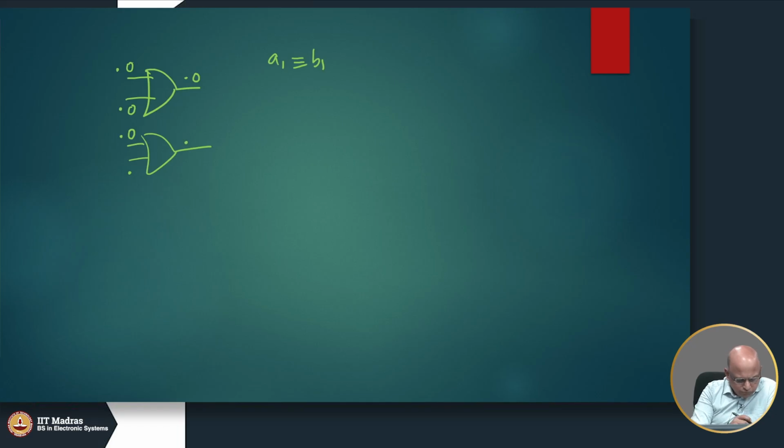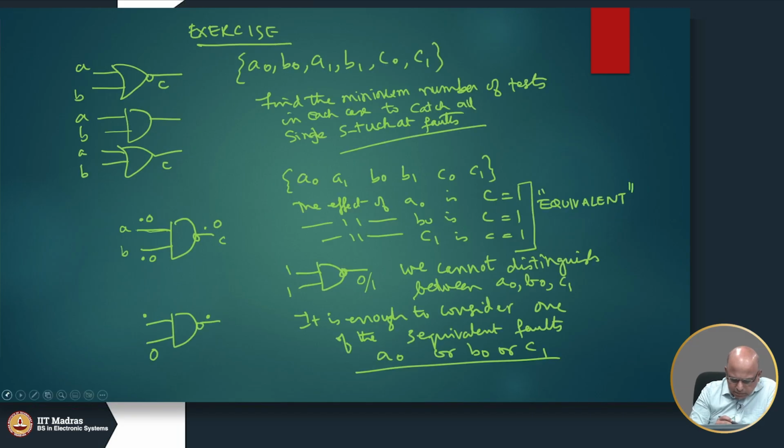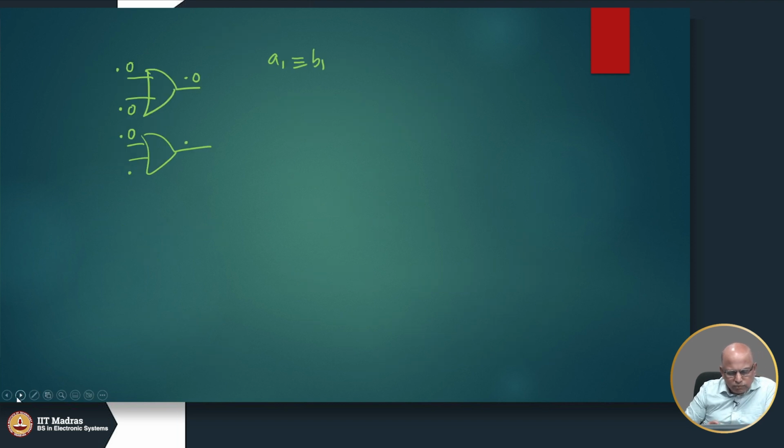So, we have 4 faults. I think in the previous example, I missed one. See here, I still need to do A0 and A1, then B1 and C0. So, we have reduced it to 4 faults. From 6 we have brought it down to 4. Here also from 6 we have brought it down to 4.